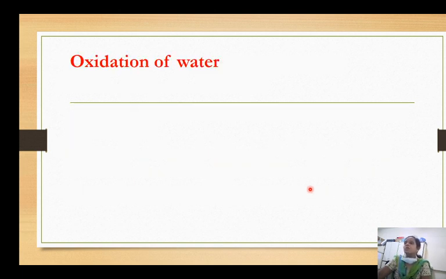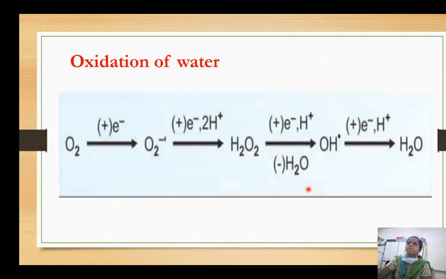Reduction of oxygen to water. Normally what happens to the oxygen that has entered into our body? Reduction to form water. Now, when oxygen enters into our body, when it is used after all the metabolic reactions, it picks up one electron to form a superoxide ion. So the oxygen will be having one electron. Then it will take up one more electron and two H plus ions and result in the formation of hydrogen peroxide, that is H2O2.